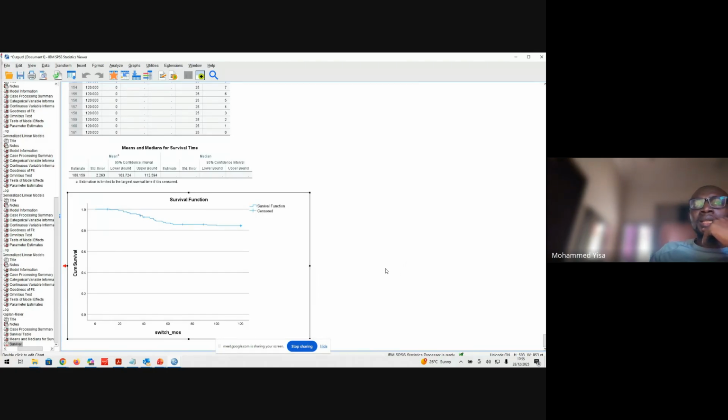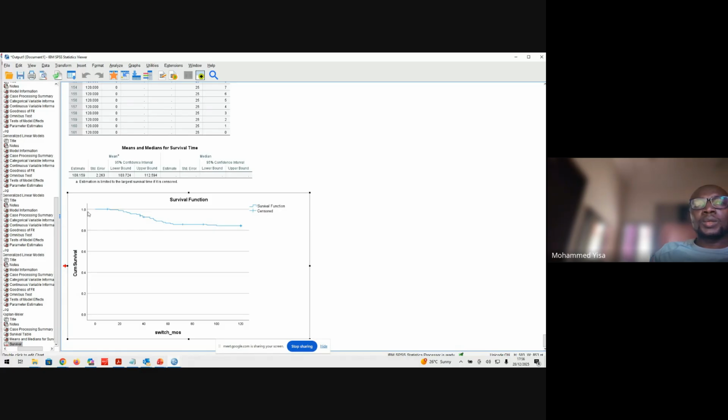One thing that is commonly reported along with this Kaplan-Meier curve is actually the median survival. However, for this particular group, that median was not reached.